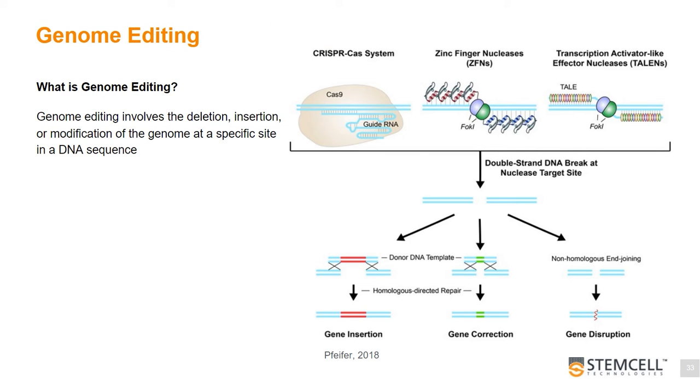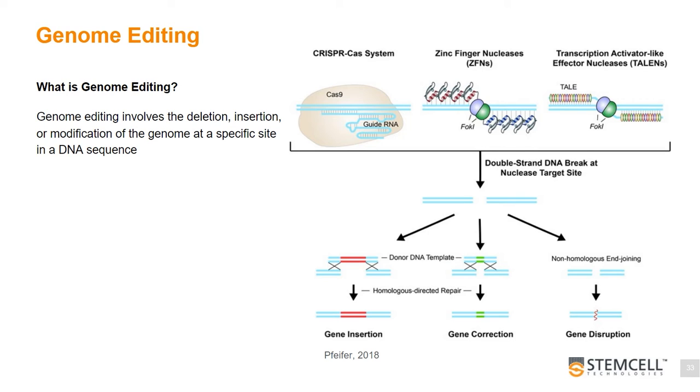Genome editing involves the deletion, insertion, or modification of the DNA sequence at a specific location in the genome. Prior to discovery and application of CRISPR-Cas system, genome editing was accomplished using engineered non-specific nucleases fused to sequence-specific DNA binding domains of proteins. The DNA binding domains are designed to provide target specificity, and the nucleases function to introduce double-stranded DNA breaks.